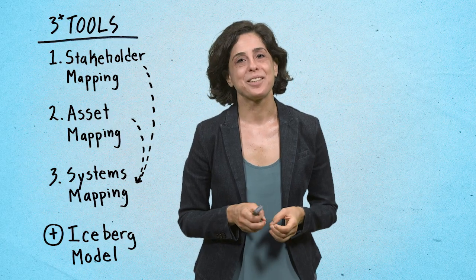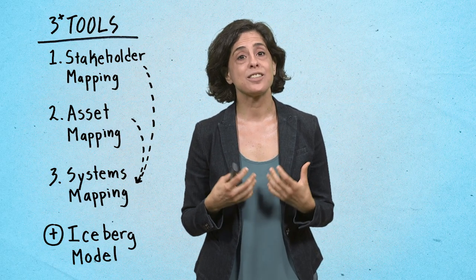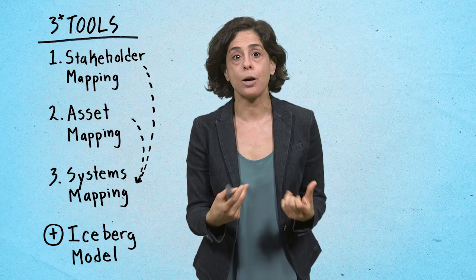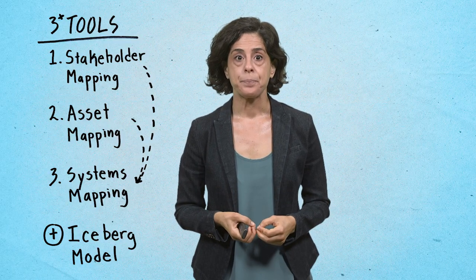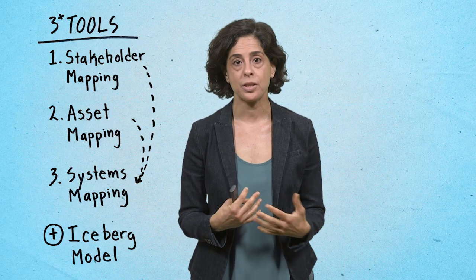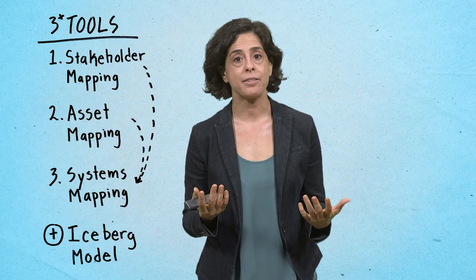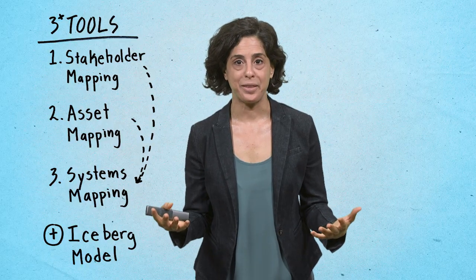As you can tell, I really love these tools that help us visualize and understand the human and societal dimensions beneath these complex challenges we're dealing with. And you can use them in collaboration with the people you're talking to. You can have team meetings or workshops to try to do systems mapping and asset mapping and stakeholder mapping and think about the iceberg diagram. And there are many others out there.